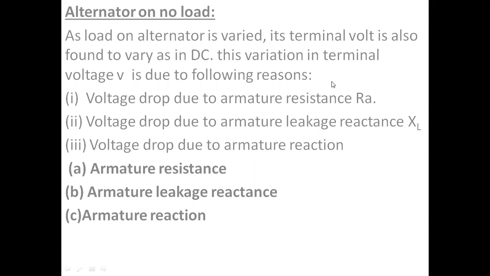Because the armature is also an iron substance, iron parts carry flux and current. So the armature which is carrying flux and current will always oppose the main flux and main current. That's why some amount of flux, current and voltage will be reduced. This reduction of voltage due to the armature flux and current is called armature reaction.